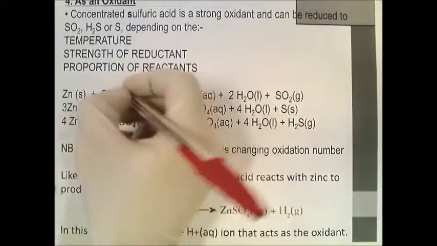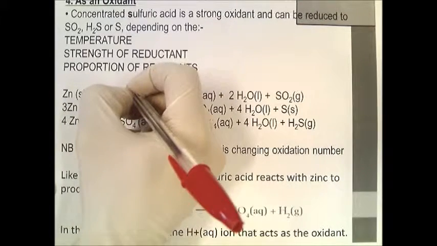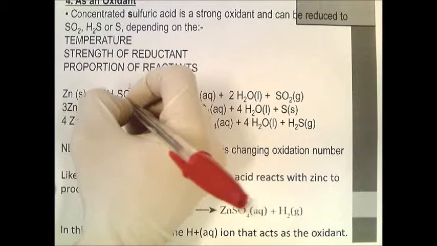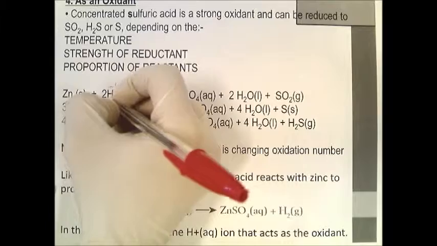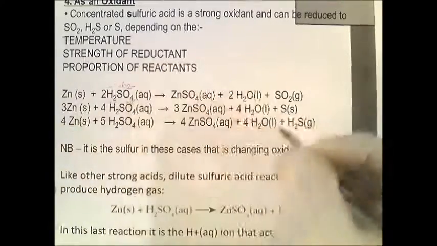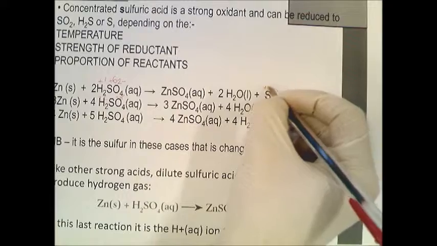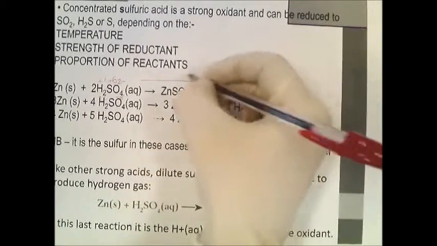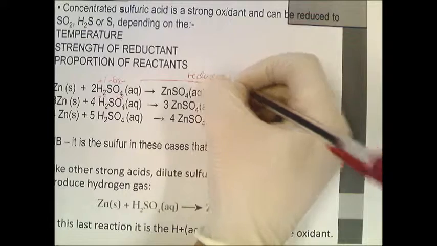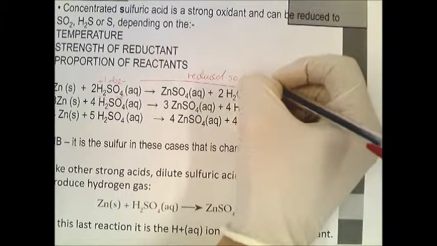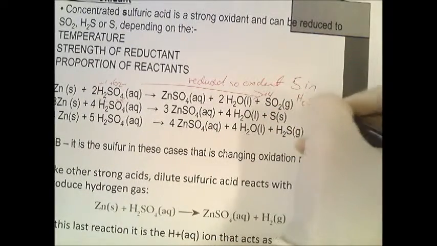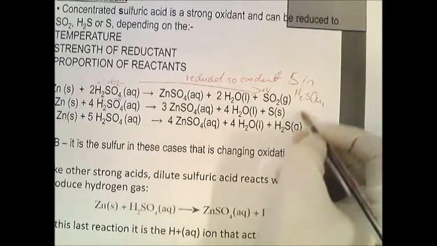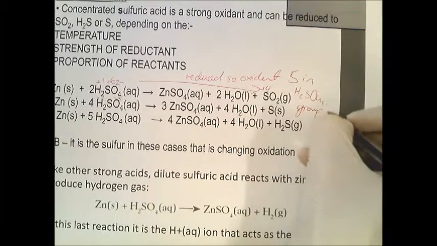So for example here we can see that the sulfur goes from 2 minus, that's negative 8, so positive 1, so that's positive 2, so positive 6, so it goes from positive 6 to plus 4, which means that it has been reduced, so it is the oxidant. And surprise, surprise, that it's the sulfur in H2SO4 that is the oxidant, because it's in the same group as oxygen, making it react in similar ways.